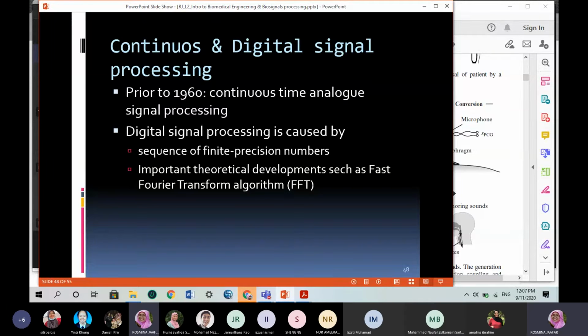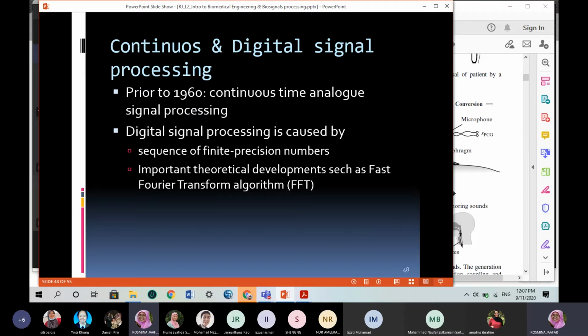Digital signal processing uses sequences of finite precision numbers. There were important theoretical developments such as the fast Fourier transform, so that you can conduct the analysis digitally. And the digital world helps people, because a computer can do fast processing compared to our brain.